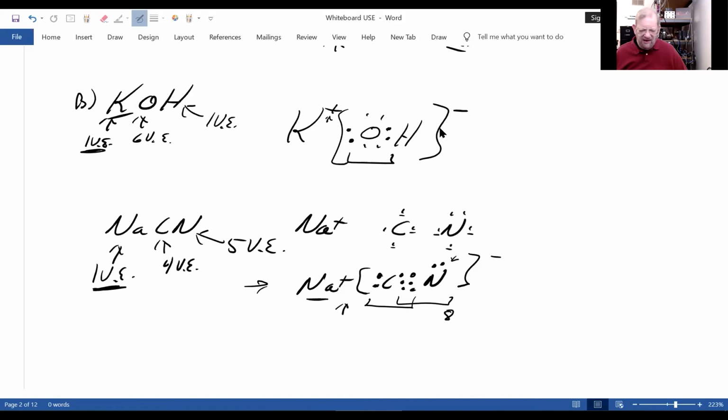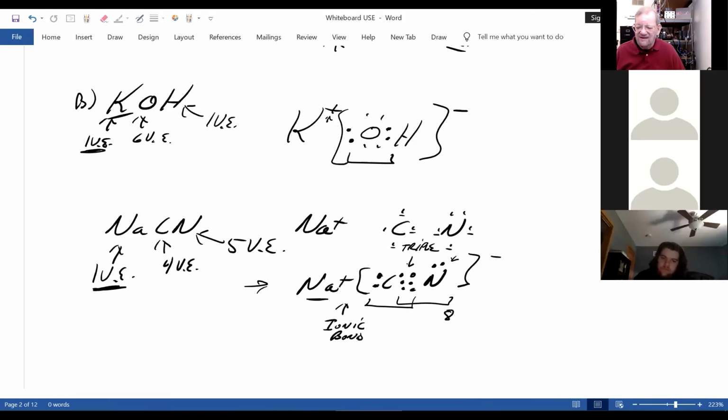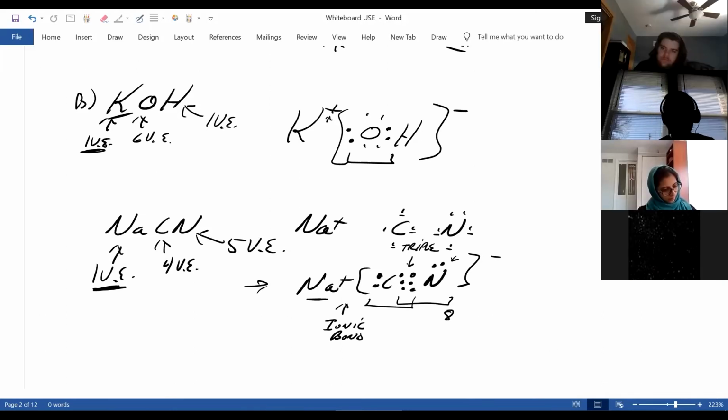You have both an ionic bond between the sodium and the cyanide anion, and here you have a triple bond between the carbon and nitrogen. And I see a question. Kelly, go for it. So I'm wondering if it's okay for carbon if the dots weren't where you placed them.